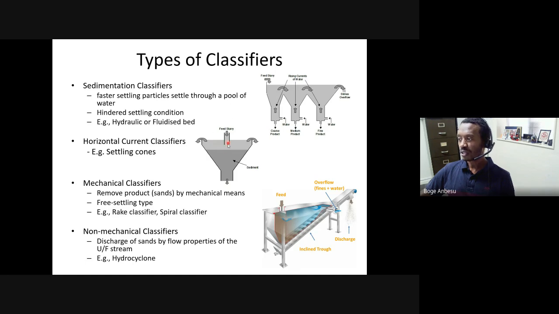And as you feed continuously, you will displace some of the top layer here. The top layer usually contains fine particles, and that will overflow. So you would have two streams again: a sedimented, high percent solids stream at the bottom, and an overflow containing mainly water and probably some fine particles as well.